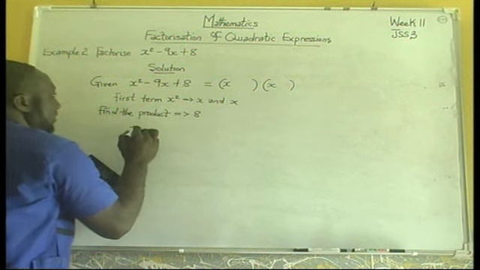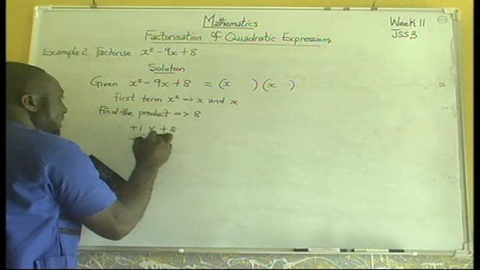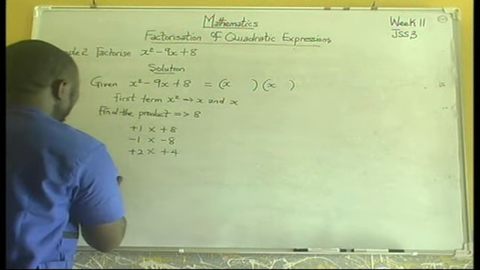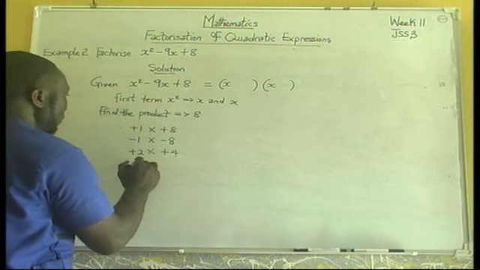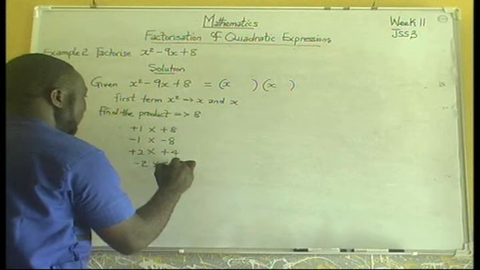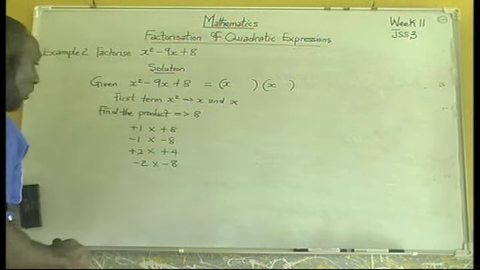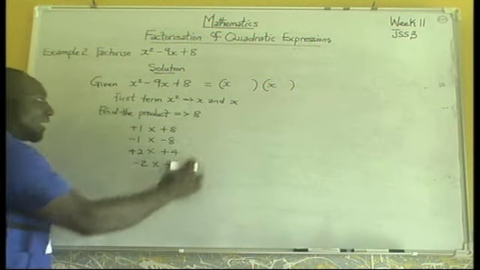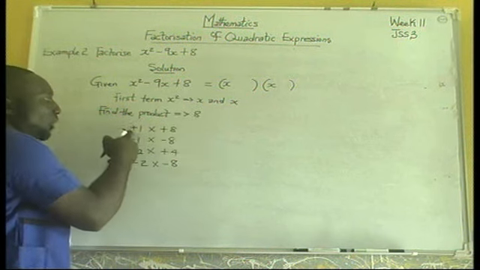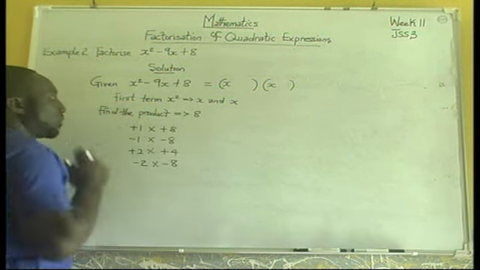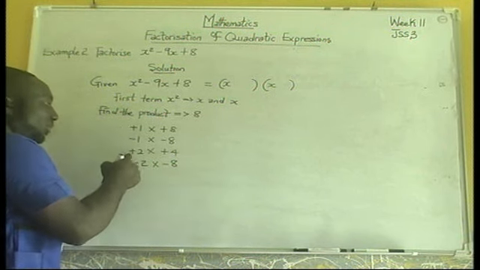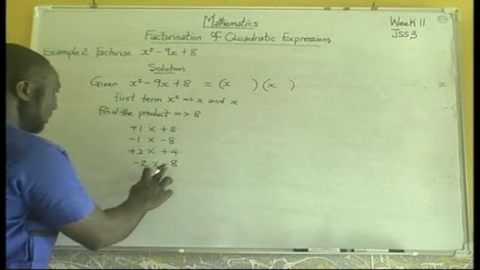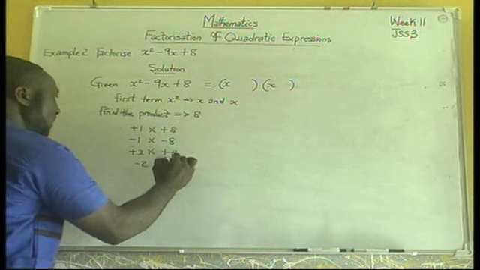Let's check plus 1 times plus 8, minus 1 times minus 8, then plus 2 times plus 4, also minus 2 times minus 4. These are the numbers that will produce it, because plus 1 times plus 8 is plus 8, minus 1 times minus 8 is plus 8, plus 2 times plus 4 is plus 8, and minus 2 times minus 4 is plus 8.